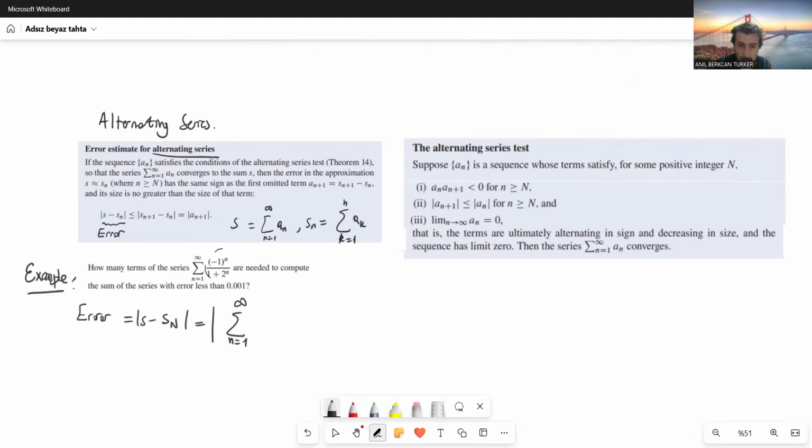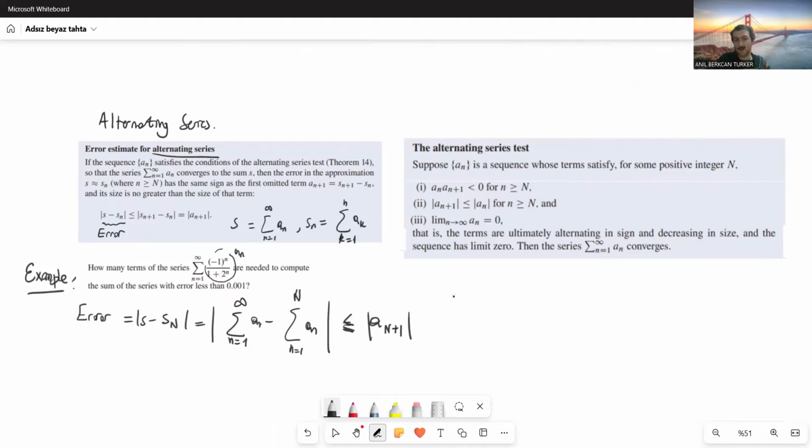The error is less than the consecutive term, a n plus one, so not equal, less than.